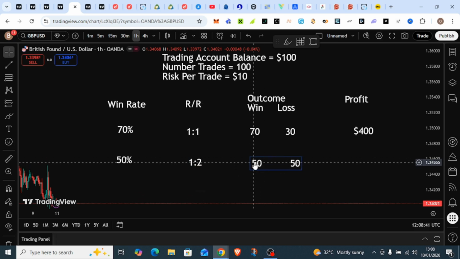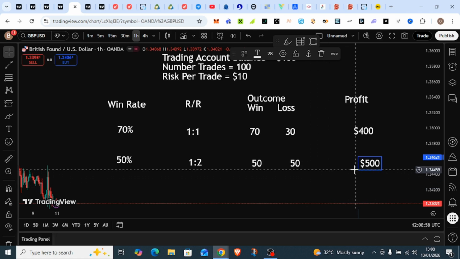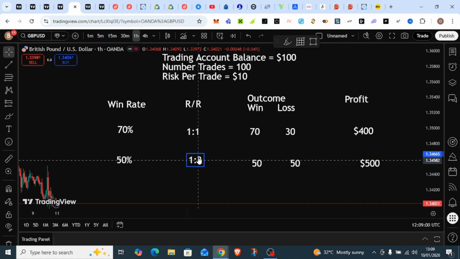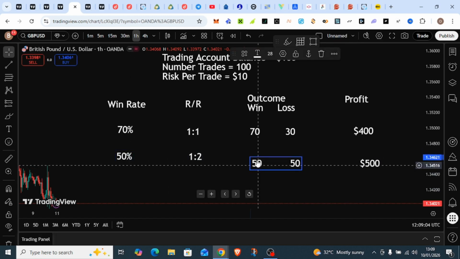So we have 1,000 here minus the 500. Our final profit after 100 trades is going to be $500, even though the win rate is 50. I hope you see how this is going. Let me adjust so that we'll be able to do other examples.